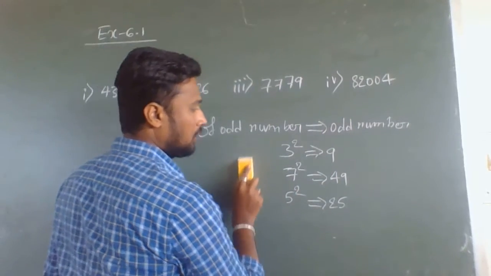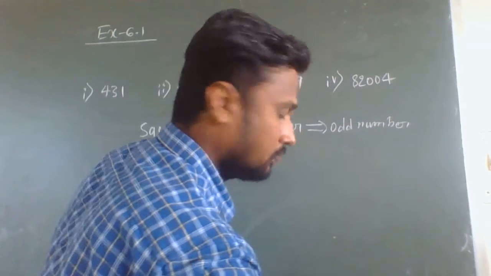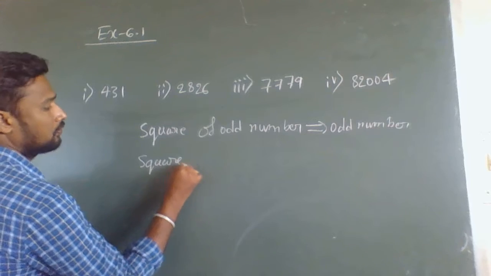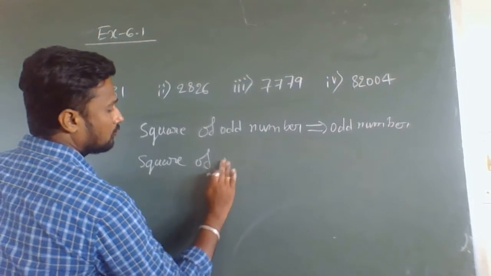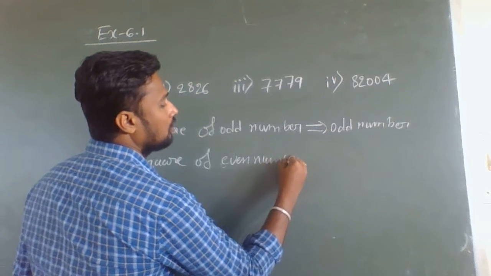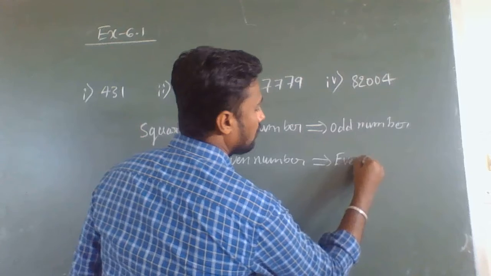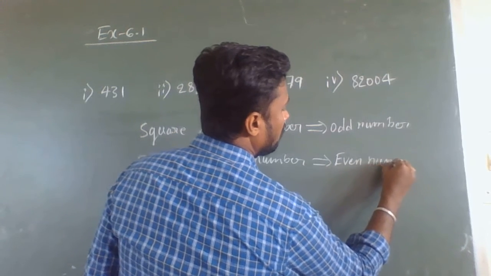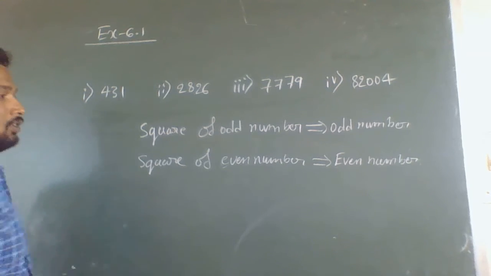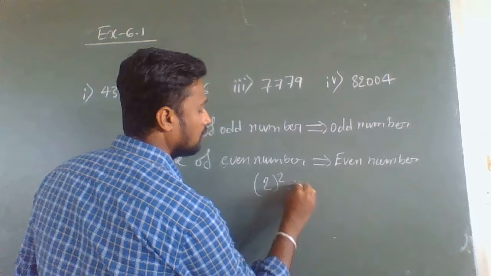Like this, the square of an even number will always be an even number only. For example, consider 2. Square of 2 is 4.